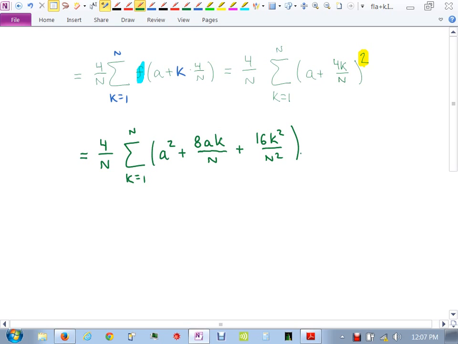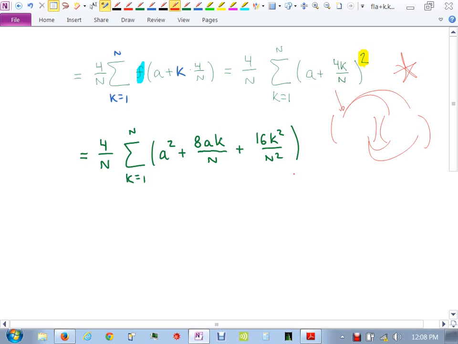I hope everyone understands what happened there. This thing times itself: a plus 4k over n times a plus 4k over n, FOIL, collect like terms. So star that. If you don't know what happened, you can figure that out later, but that's what it turns out to be.